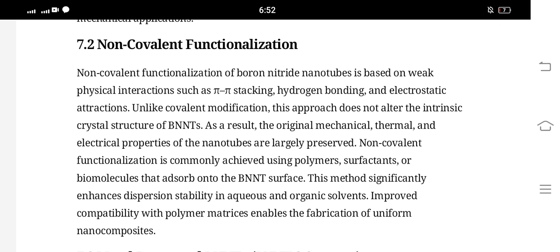Improved dispersion leads to more uniform nanocomposites with enhanced performance. Non-covalent functionalization is particularly useful in applications where maintaining boron nitride nanotube integrity is critical, such as flexible electronics, biomedical systems, and polymer nanocomposites. The third functionalization is metal decorated boron nitride nanotubes.